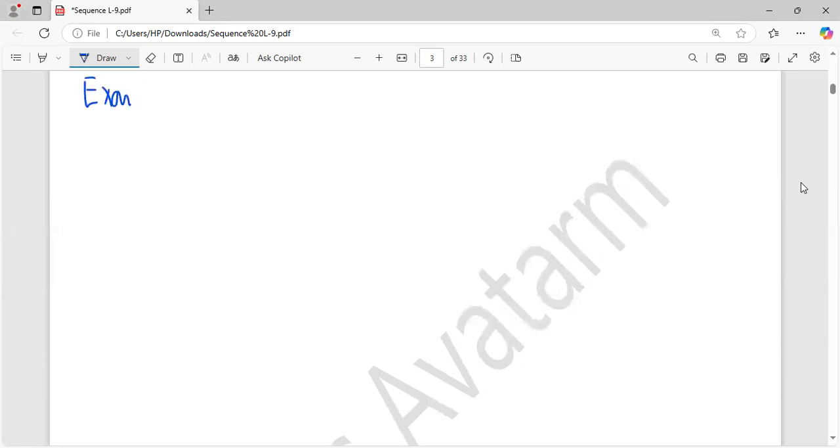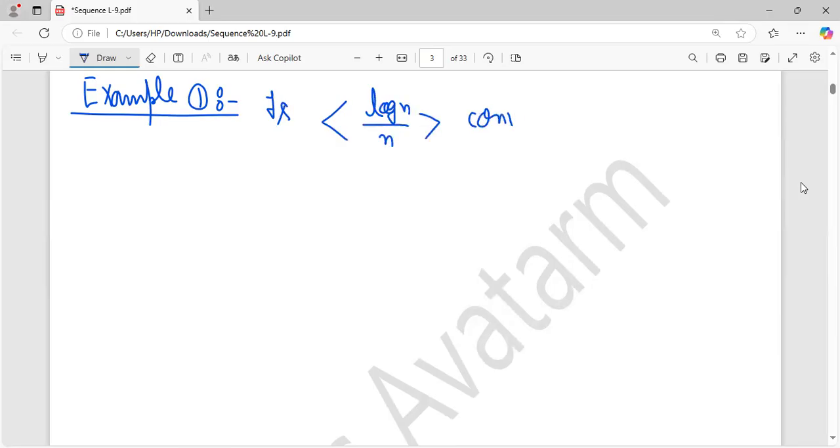Example 1. Is the sequence log n upon n convergent?